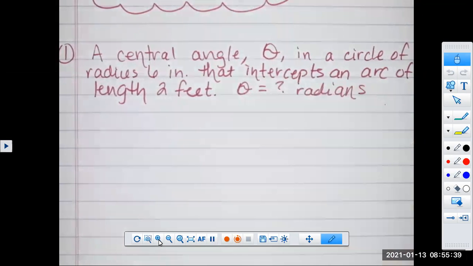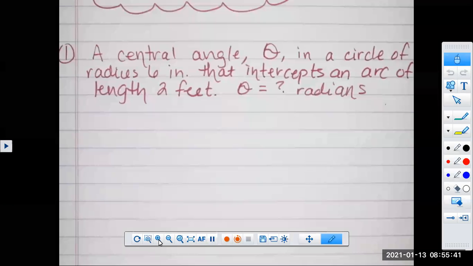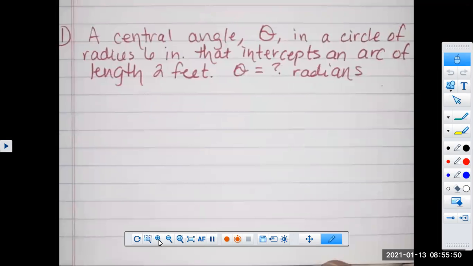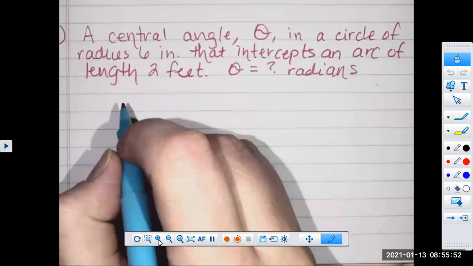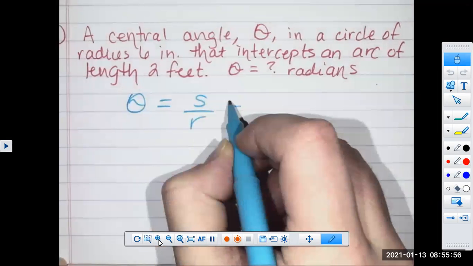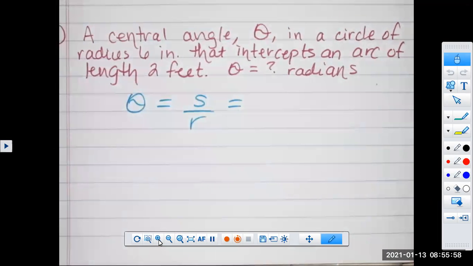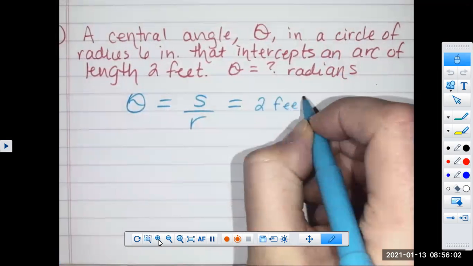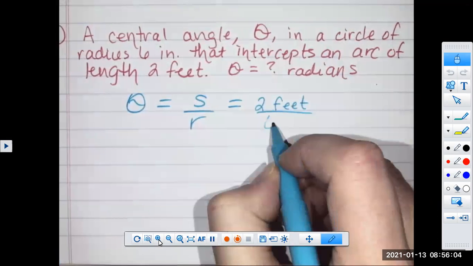What was your small formula to find theta in radians? Good. It was S over R, and that's your arc length divided by the radius length. So they tell you that the arc length is 2 feet. The radius length is 6 inches.